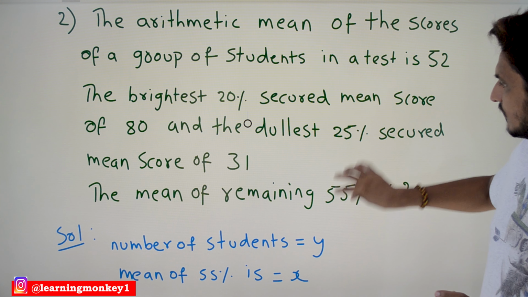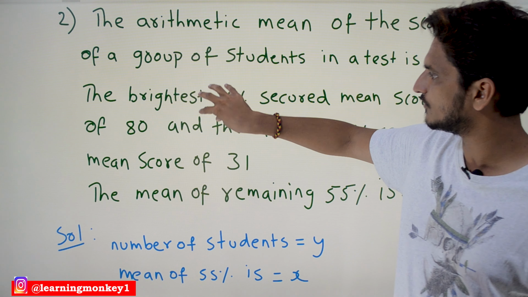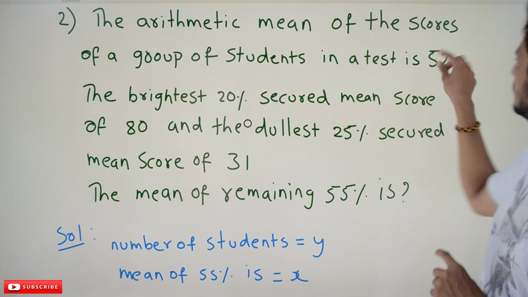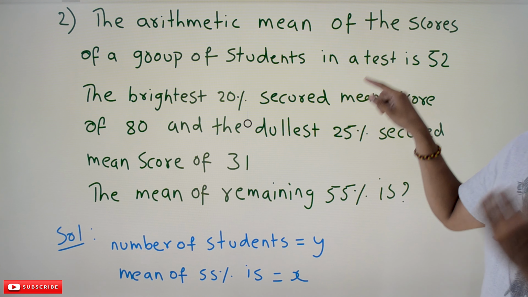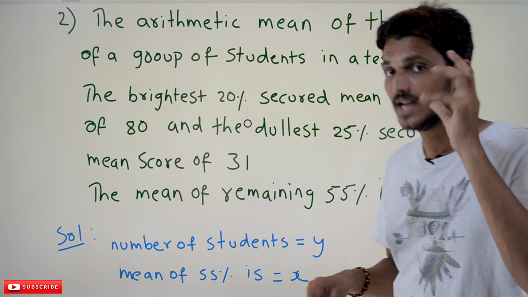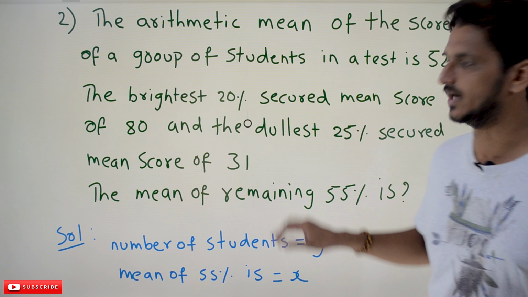The summation of the middle 55% scores plus the summation of the dullest 25% scores plus the summation of the brightest 20% scores is equal to the summation of all the values. We are going to use this same concept. That's why in averages you need to understand that point. We are stressing much on that point.